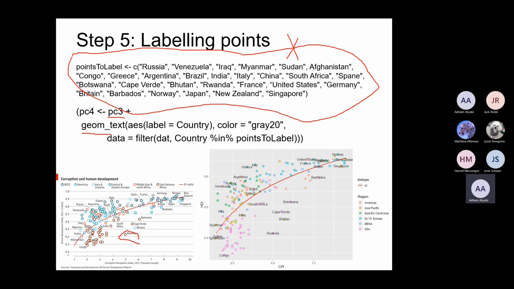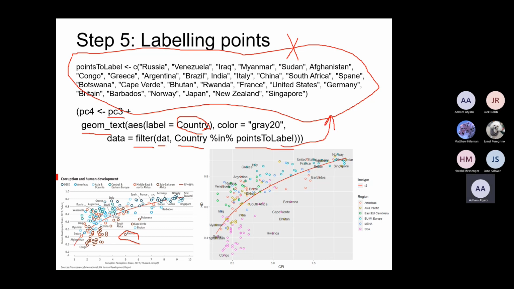So the way that I'm doing it in here is we're using a filter. We're saying the data is coming from that, within the field of country, which is also being used for labeling in here. Within this field, only use the data points that are within the points to label, which are going to be these points.